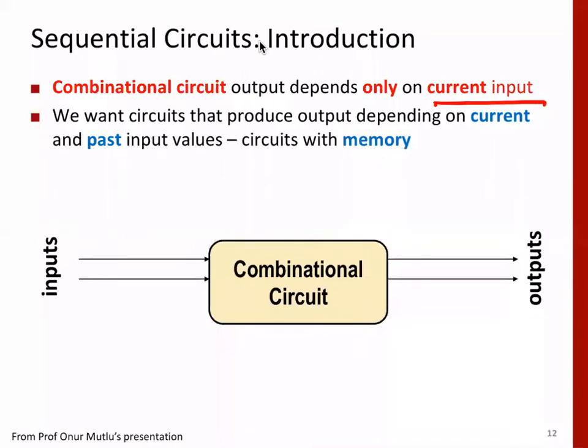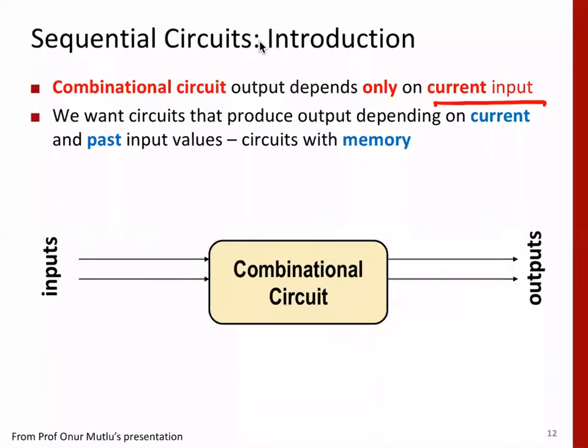But we can't create a processor using only a combinational circuit, because when you execute an instruction, you get data, but you have a previous state that's useful, right? Because the previous instruction has done something, you can't just forgo it. Otherwise you have just one instruction execution, and that cannot be programmed. So information corresponding to previous instructions, which you are going to use in the next instruction, has to be there.